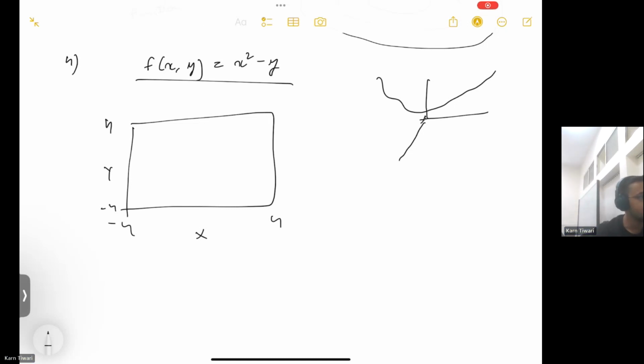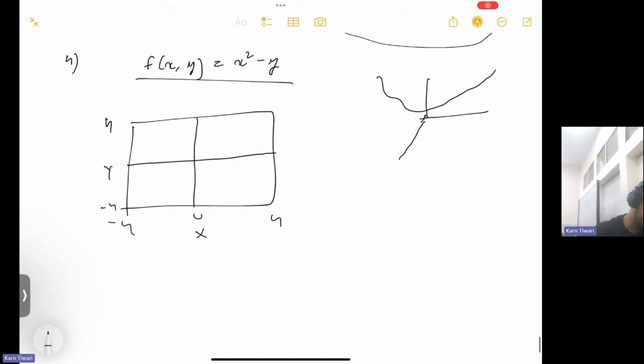So as I mentioned, if y is 0, okay, first of all, draw 0 comma 0. Along this is 0, this is again 0.